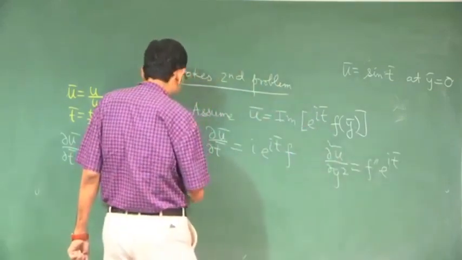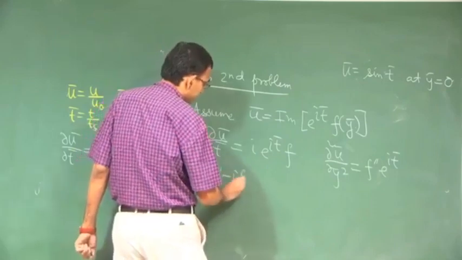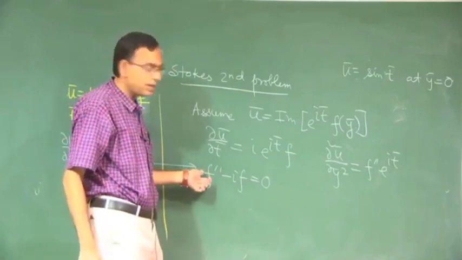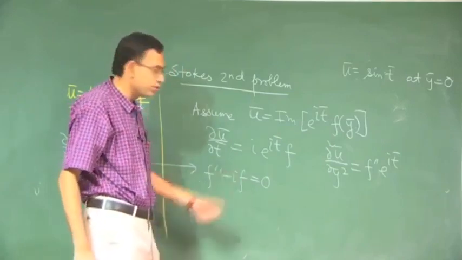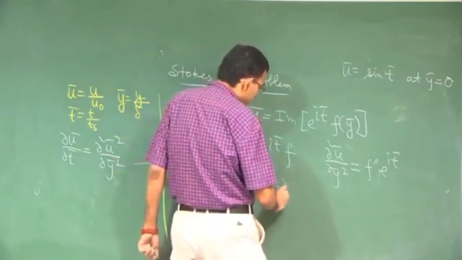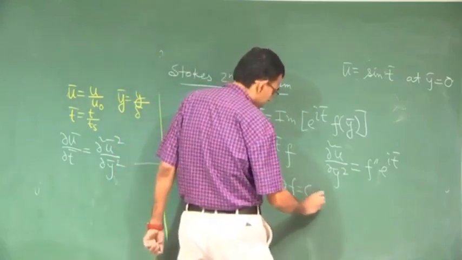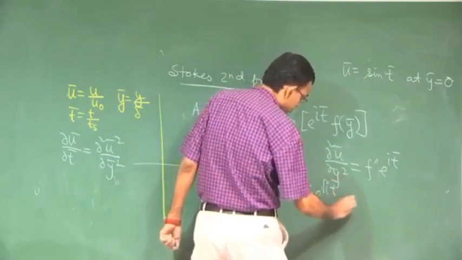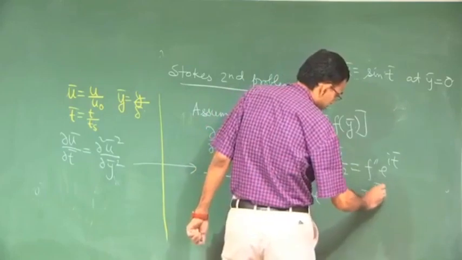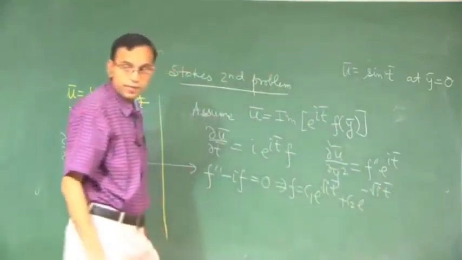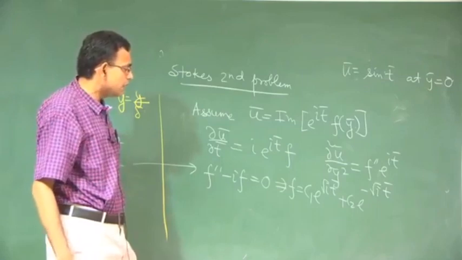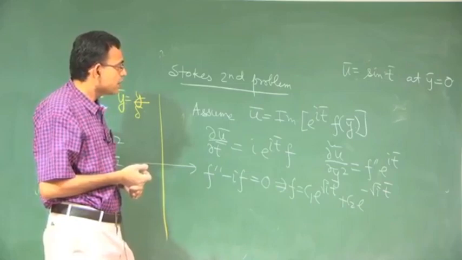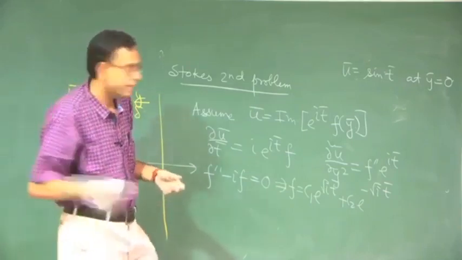So, this equation tells, so if you now take f is equal to e to the power m y as the trial solution, you will get, okay. Now, we have the condition that at y tends to infinity, sorry, this is y, right, not t.